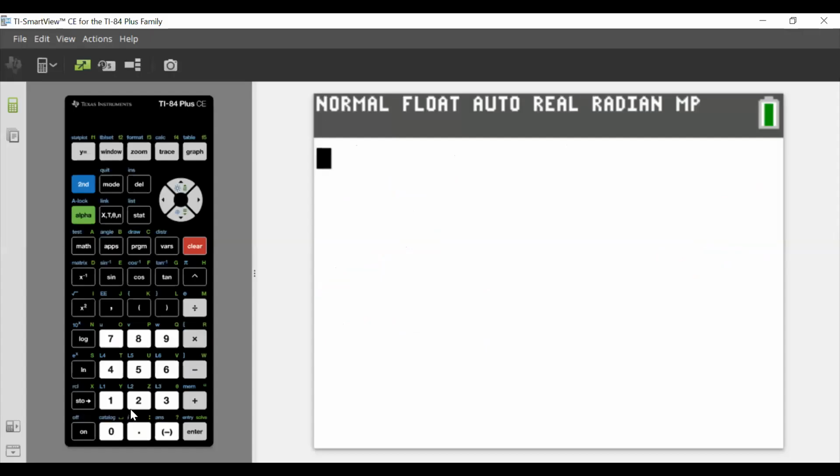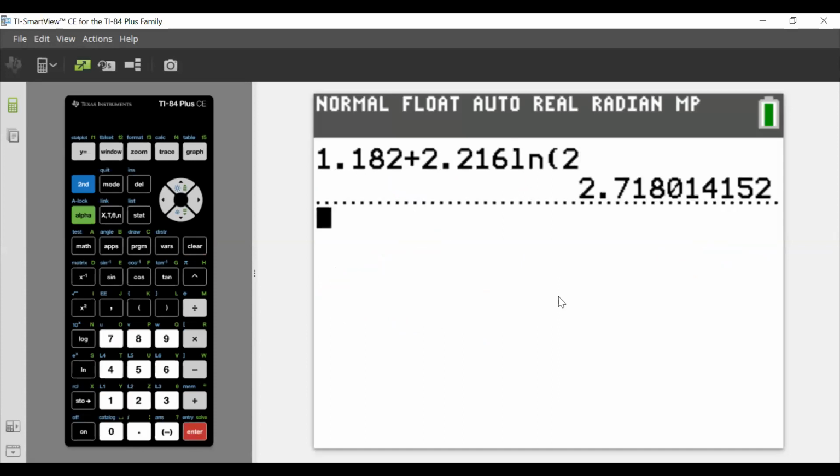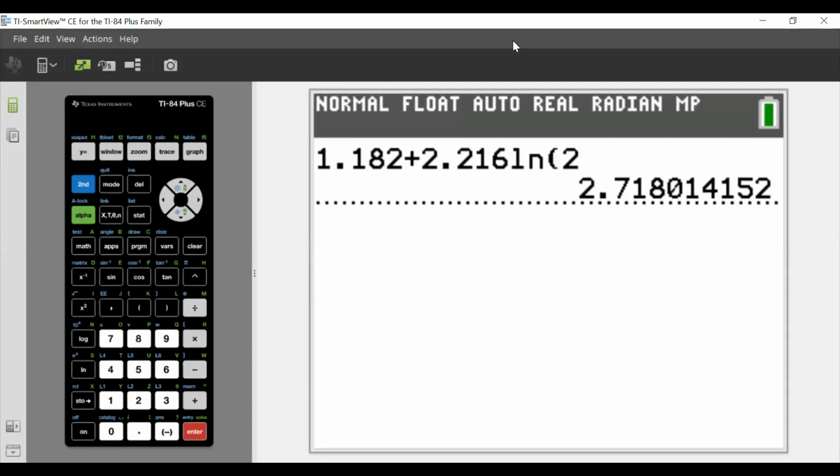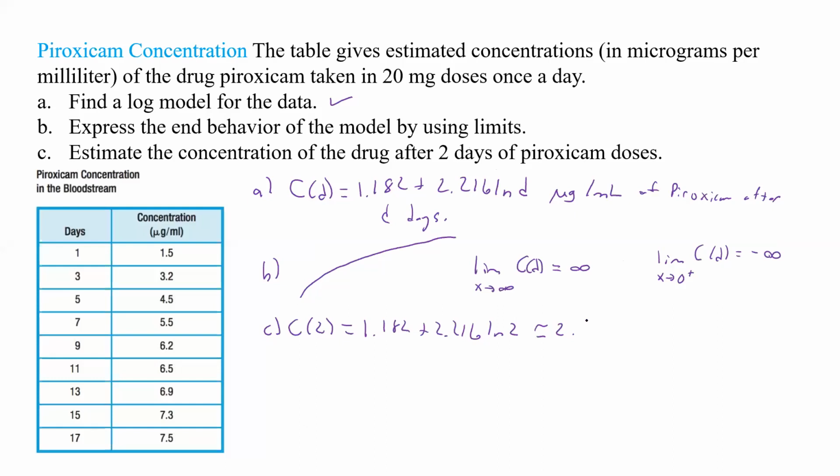And so we had 1.182 plus 2.216 ln of 2, and we get 2.718, and so that was going to be our micrograms. So this is approximately 2.718 micrograms per milliliter for the concentration in the blood after 2 days, okay?